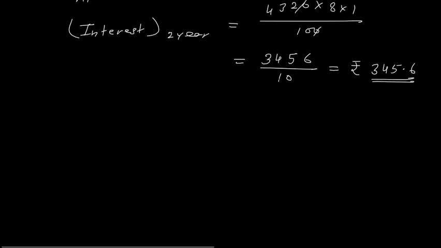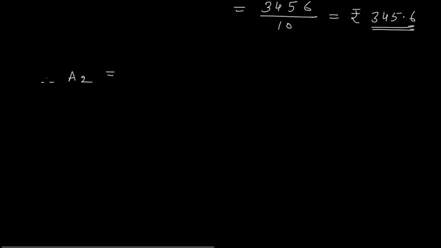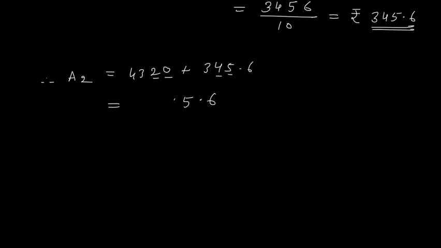This is the interest for the second year. Therefore our amount in 2 years will be 4320 plus 345.6. So this is 0.6, then 5 plus 0 is 5, then 4 plus 2 is 6, then 3 plus 3 is 6, and then we have 4.